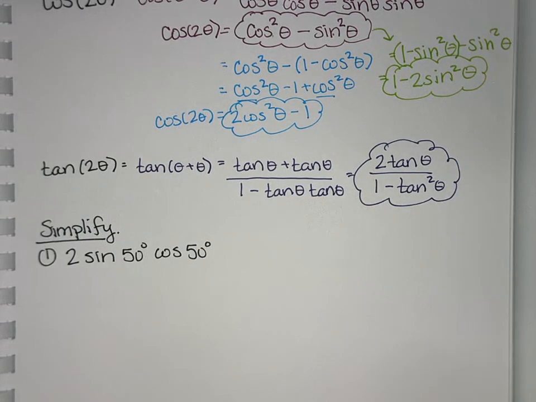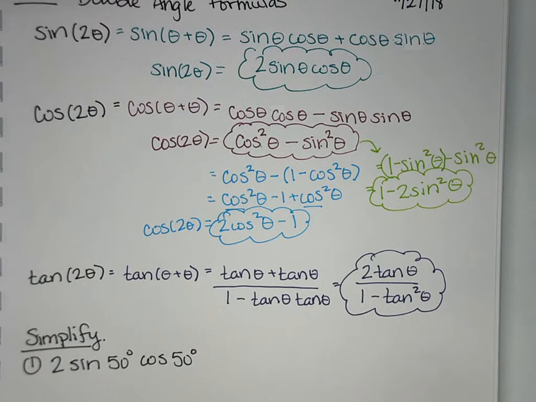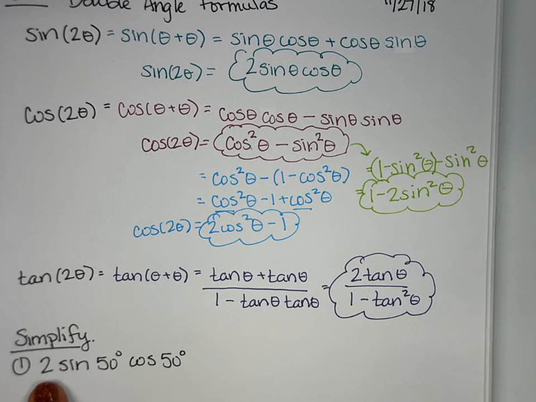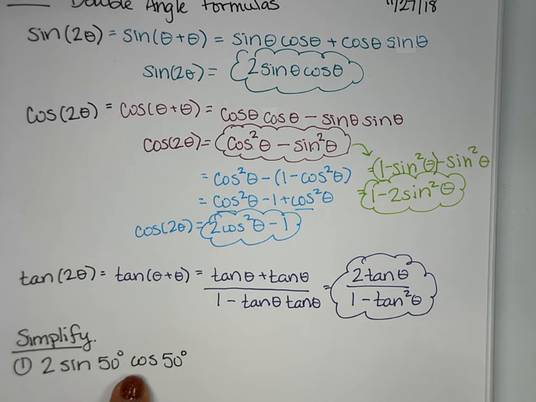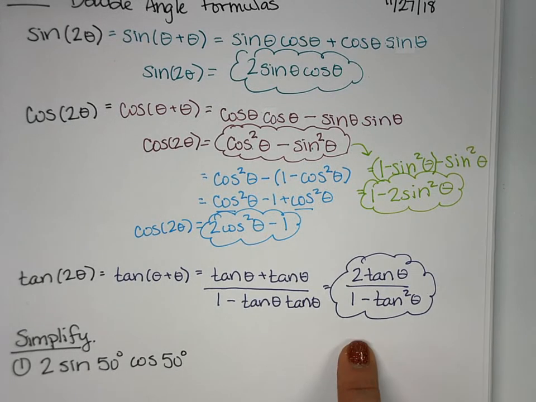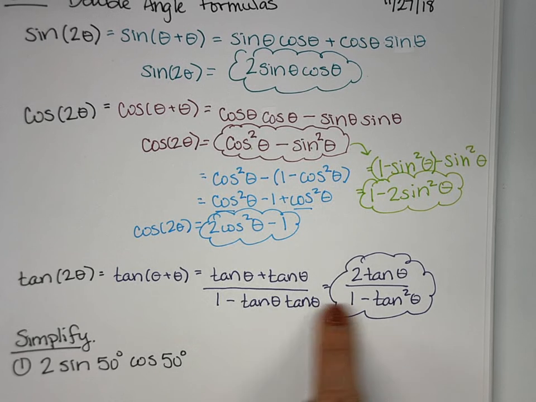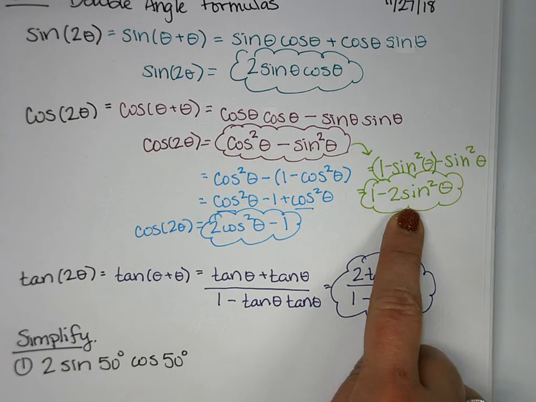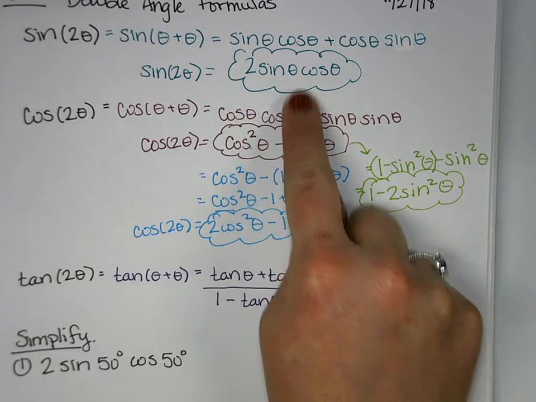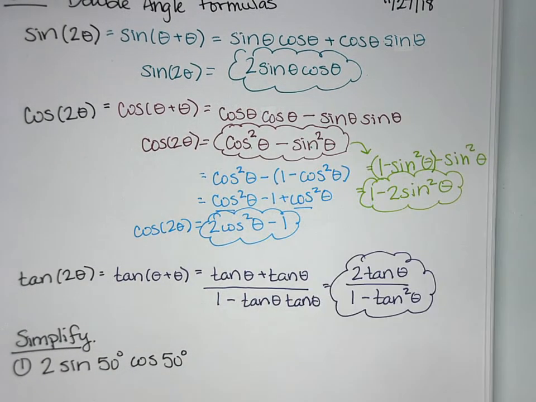So again, I'm going to look up to my formulas to see which one could potentially match. So I know I have a 2 times a sine times a cosine, and my angle's the same. So which of these show me 2 times a sine times cosine? When I look through, the only ones that have both sine and cosine are this one and this one, but this one's subtraction, so that means it has to be a sine.